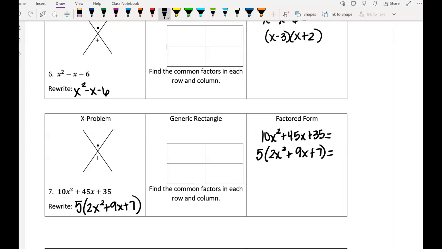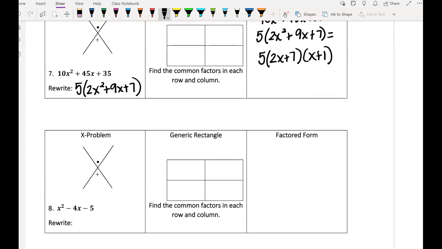That 5 is still part of the answer because without the 5, we can't get back to the 10x squared. So this becomes 5 times the quantity, one of them is 2x plus 7, and the other one is x plus 1. So again, if you do have a GCF, we have to make sure that we don't lose it in our final answer. It is still part of the answer.